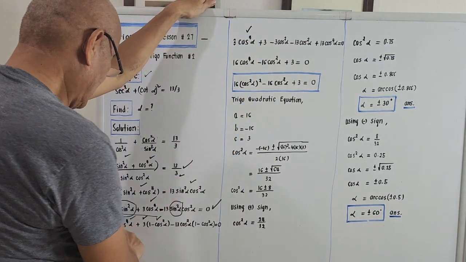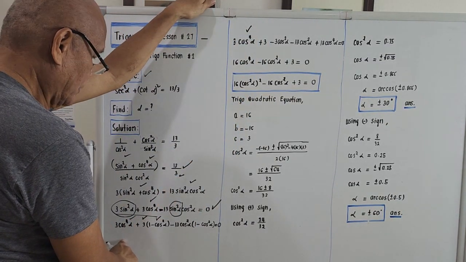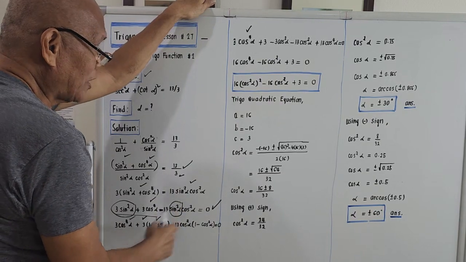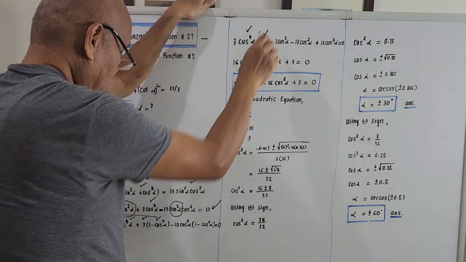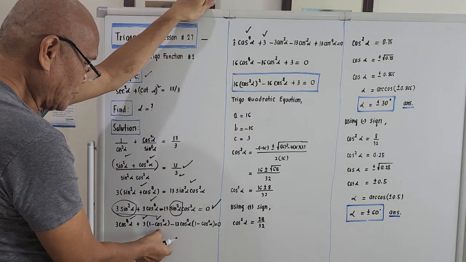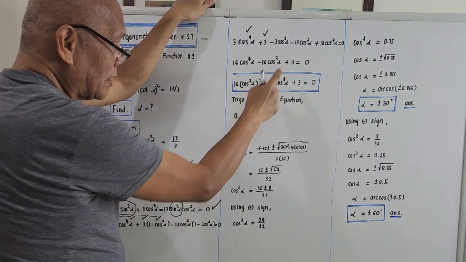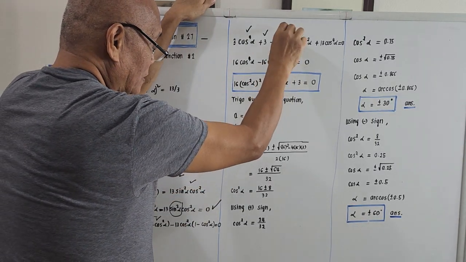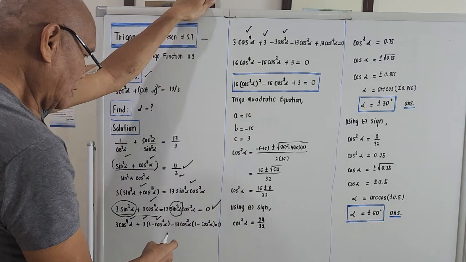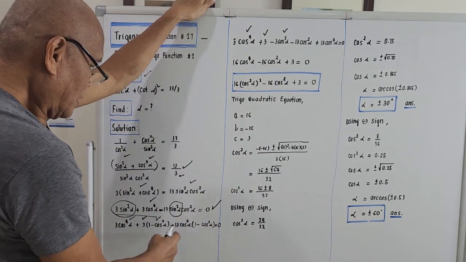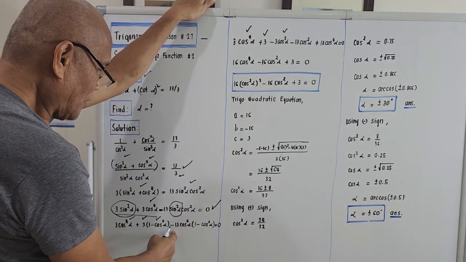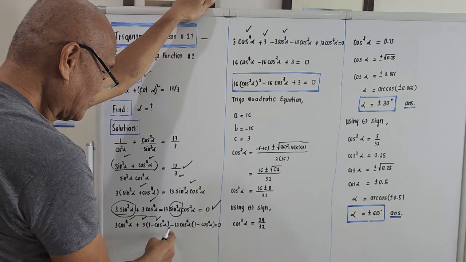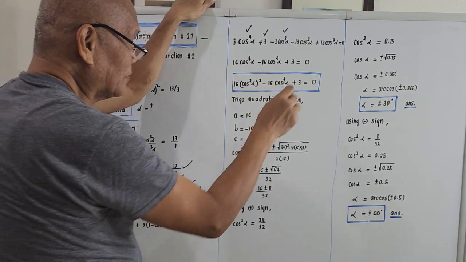It is this. 3 times 1 will be 3. And 3 times negative cosine square of alpha will be negative 3 cosine square of alpha. The next one, negative 13 cosine square of alpha times 1. Negative and a positive will be negative.